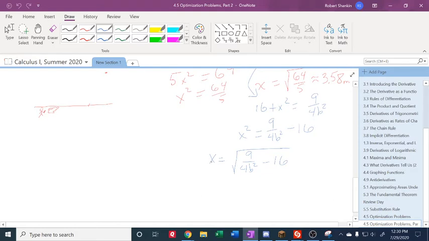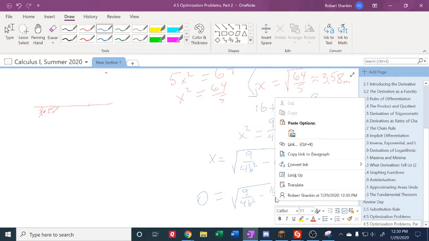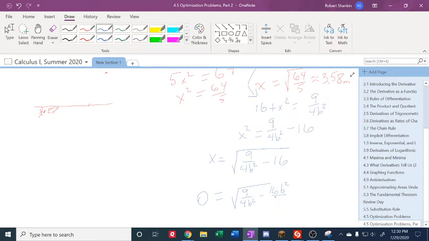For the x to be 0 means you're going to row directly into the shore. Actually, let me not do it that way. We'll just do minus 16.